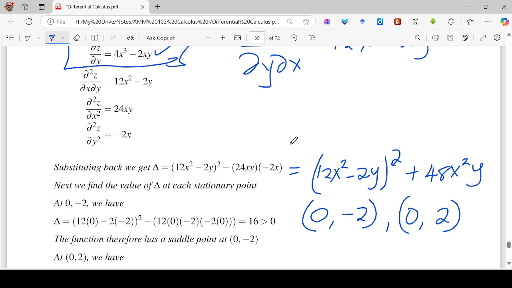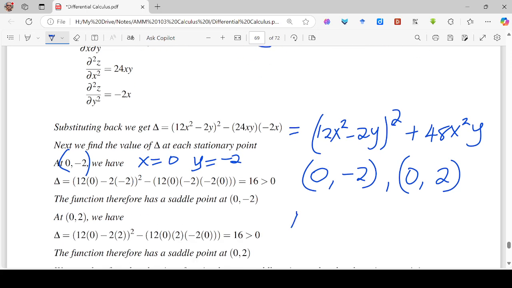So if we take the first one here, (0, minus 2), x is 0, and y is minus 2 at that point. So we substitute x is 0, and delta will be 12 times 0 is 0, minus 2 times minus 2, so that will give us plus 4 squared, then plus 0, and this will be equal to 16.